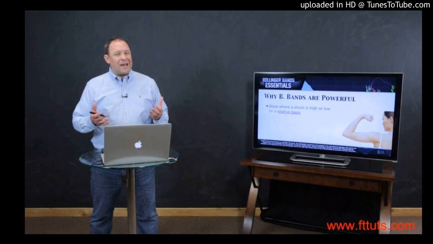And when we start to synthesize it all together, you've got the patterns, you've got your bandwidth, you've got your percent B, all happening inside these bands, and you start to get some really, really powerful signals that in many cases will kind of write your trading script for you when you learn to do the analysis and learn to interpret the information that you're seeing there. So as we summarize our candles, you start to see that candles are really important in terms of interpreting the sentiment as it's moving day to day in those Bollingers.